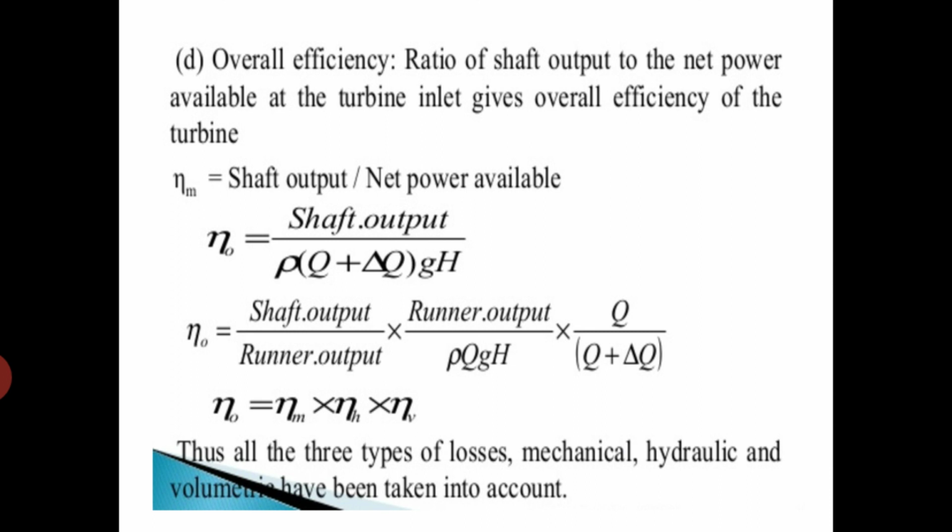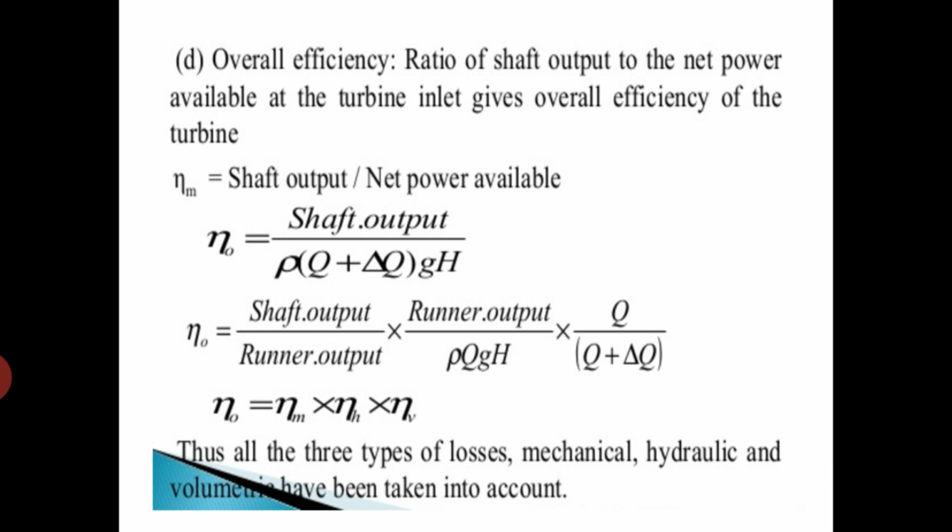This can be further written as shaft output by runner output, then runner output by water power, then the quantity of water actually striking the runner to the quantity of water supplied to the turbine.